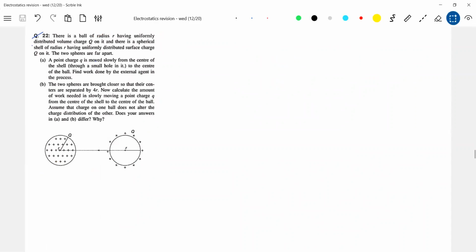Read the question. Two parts are there. The first part, the separation is infinity. The two spheres are far apart. Okay, first part we'll discuss. They're separated to infinity.